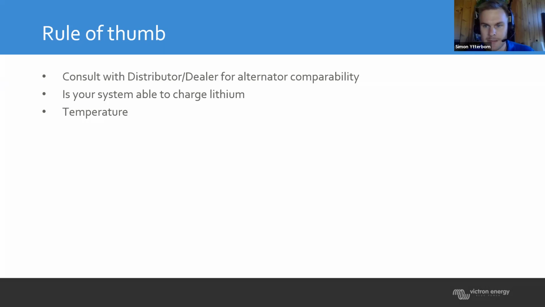So try to always go to a local distributor when you're designing a system like this, because they can help you tremendously with everything. The last thing, if you're doing lithium, is to consider temperature if it's a really cold environment, and we'll get into that as well.